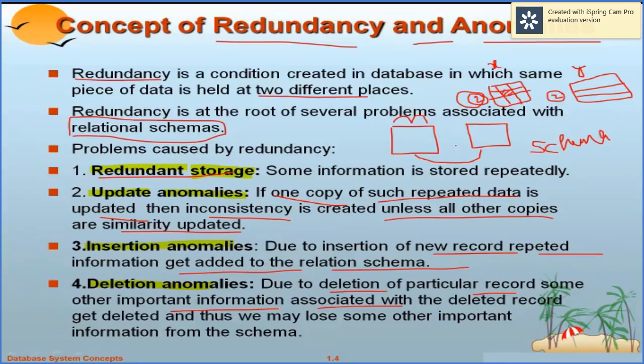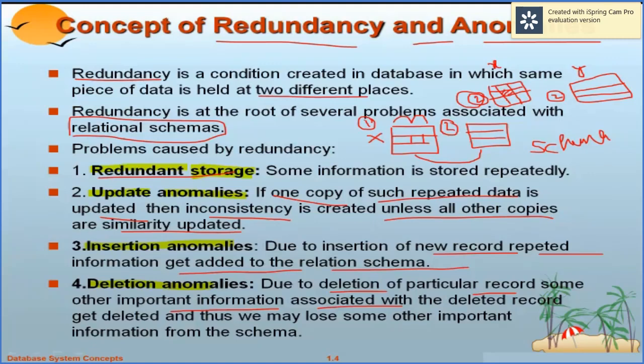So if you assume there are duplicate records found in two different tables, and this table carries its own relationships among the attributes, and if I delete any one of those records in table number 1, then obviously it is going to delete all the relations that it has with table number 2.